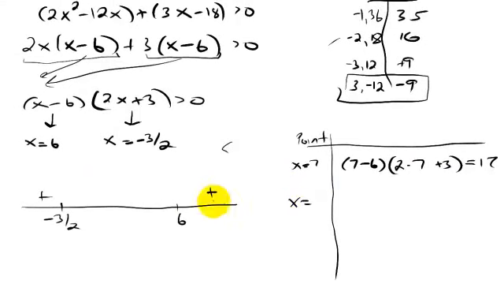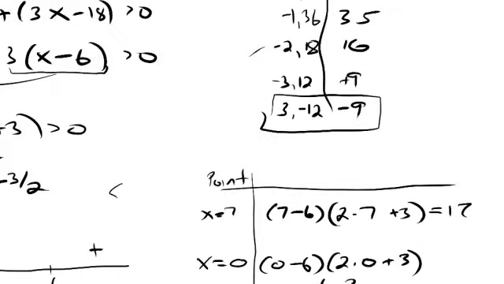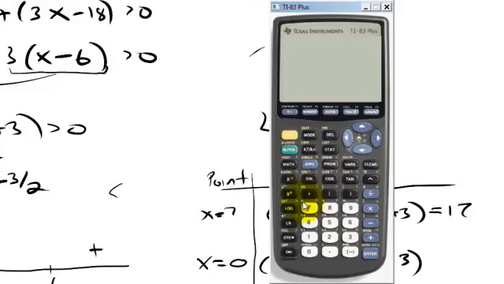If we pick a number between negative 3/2 and 6, say 0, we get 0 minus 6, and then 2 times 0 plus 3. That's negative 6 times 3. That's negative 18. That's negative. Okay? Which is what we saw in the graph.